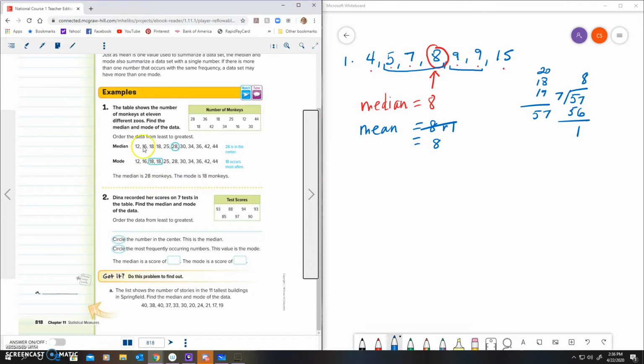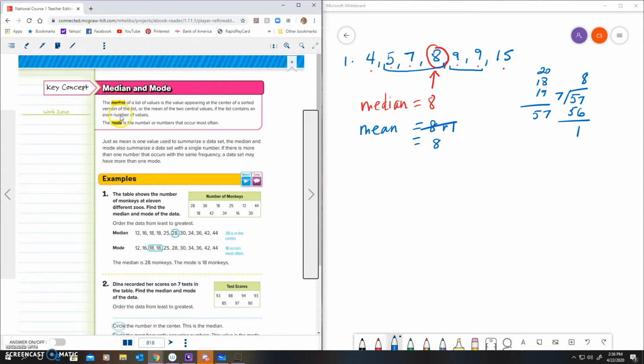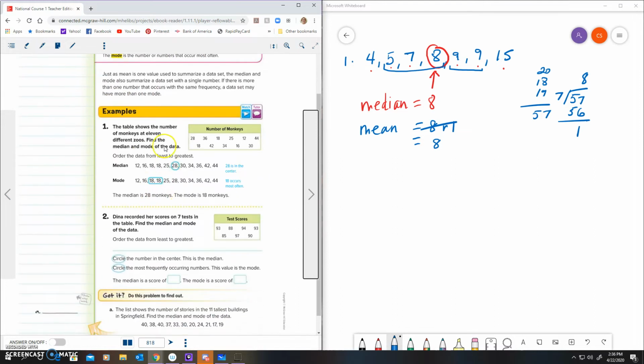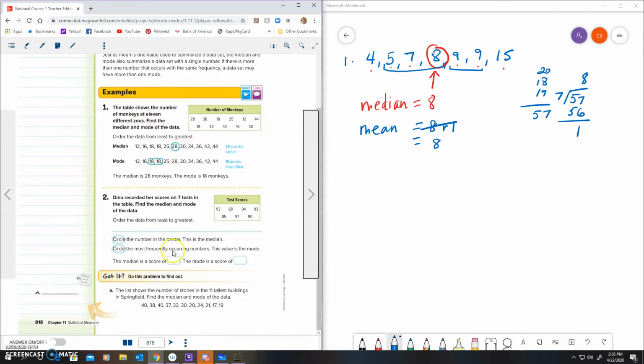Let's look at some examples here. As you see, we're looking at median and mode this time. So this is your definitions that we just went over. There's some examples here that show you how to work through it, finding the median and the mode. So let's look at letter A. So this is page 818A. Okay, so we're going to put these in order.